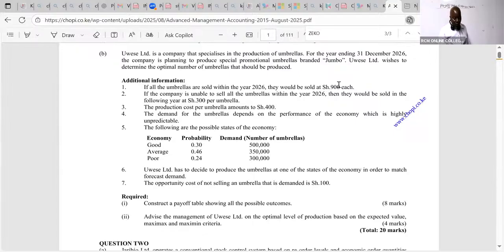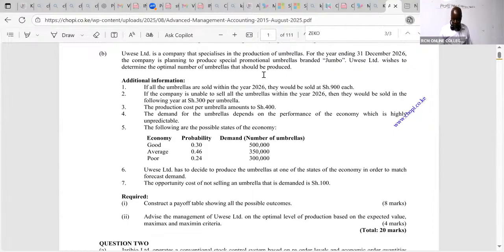So we are told Yu Limited. Have you gotten the question? Yu Limited is a company that specializes in the production of umbrellas for the year ended 31st December 2026. The company is planning to produce special promotional umbrellas branded Jumbo. Yu Limited wishes to determine the optimal number of umbrellas that should be produced.